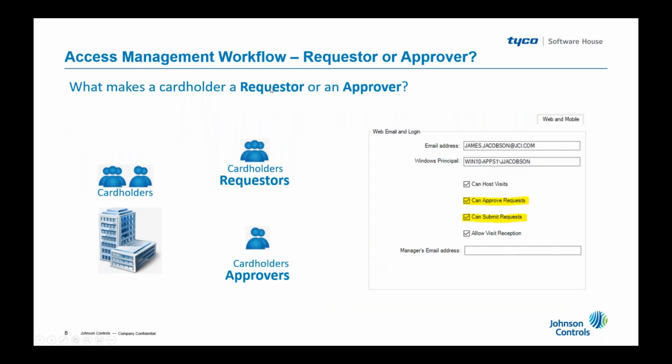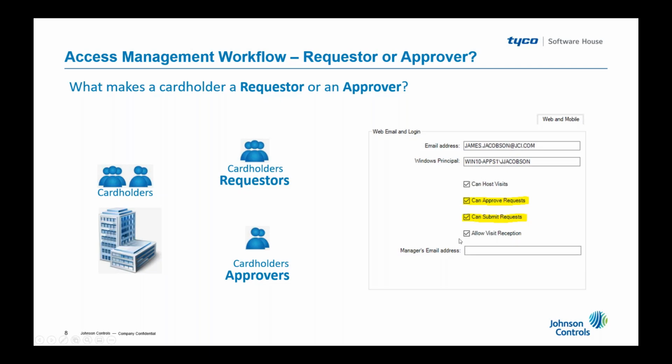And then what makes a cardholder a requester or an approver? In the person's record, the cardholder record, there's a tab called Web and Mobile. And in that tab, there's the cardholder's email address, and there's the ability for us to associate a Windows principal or secure basic authentication. And then there's options.